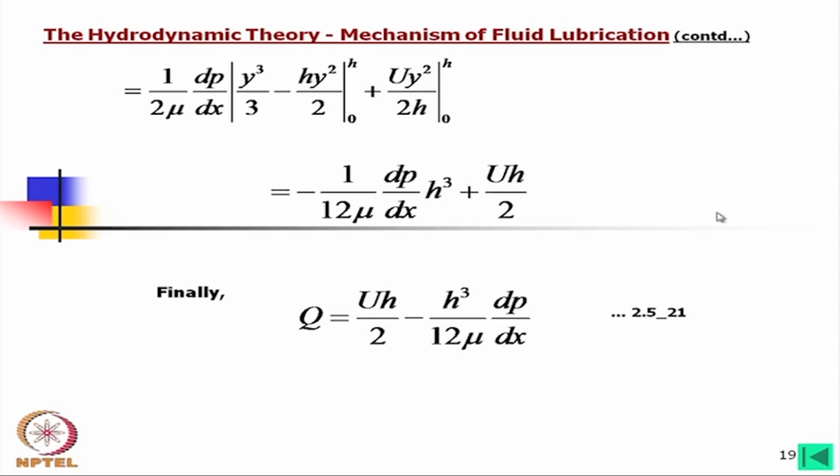So, we can rewrite the equation again: q is equal to u h by 2 minus h cube by 12 mu times dp by dx. Now, here if u is equal to 0, then this part will become 0, and then there will be only the pressure gradient due to the inlet and outlet pressure. But in case of journal bearing, u will always be there, that is the peripheral velocity, and so q will take this form.